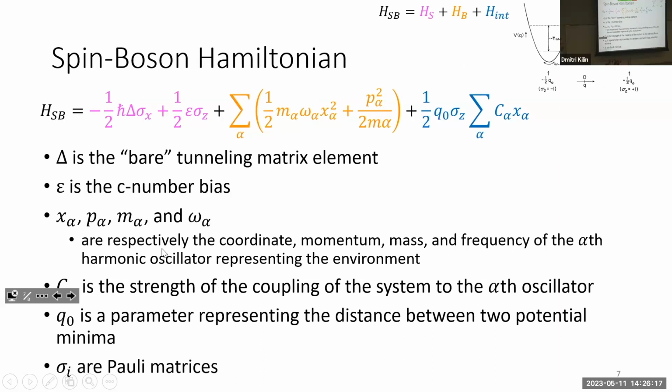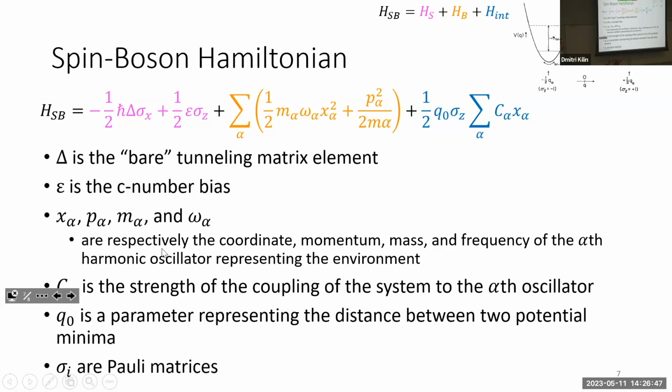So what you actually get when it's interacting with the environment is this form, and this is what is termed the spin-boson Hamiltonian, which I have color-coded to represent different sections. This pink color is the system Hamiltonian, which you notice is the same as the previous. This orange color is the Hamiltonian of the bath, and this blue is the interaction Hamiltonian.